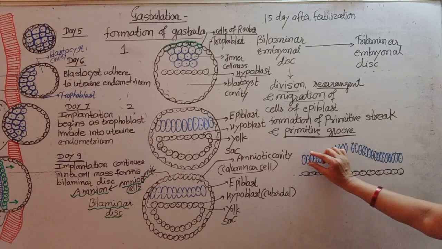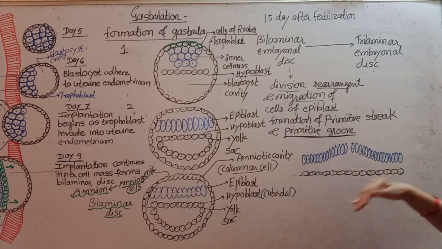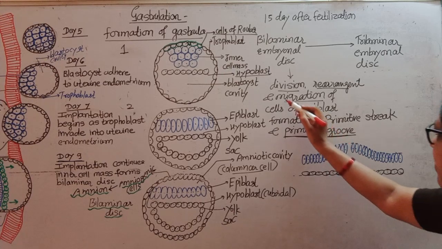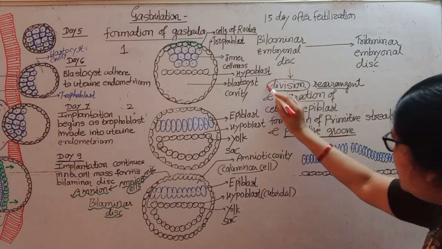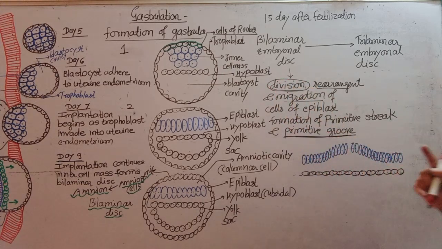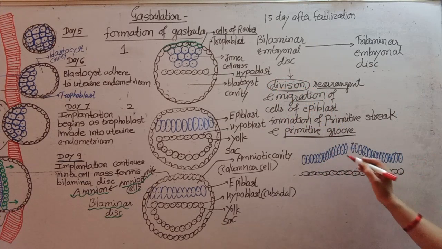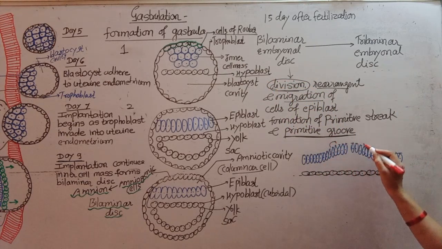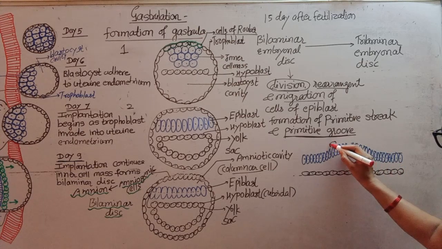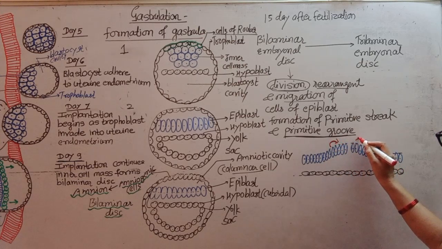And now the cells of epiblast divide and redivide, and then the cells move. See how migration of cells takes place.